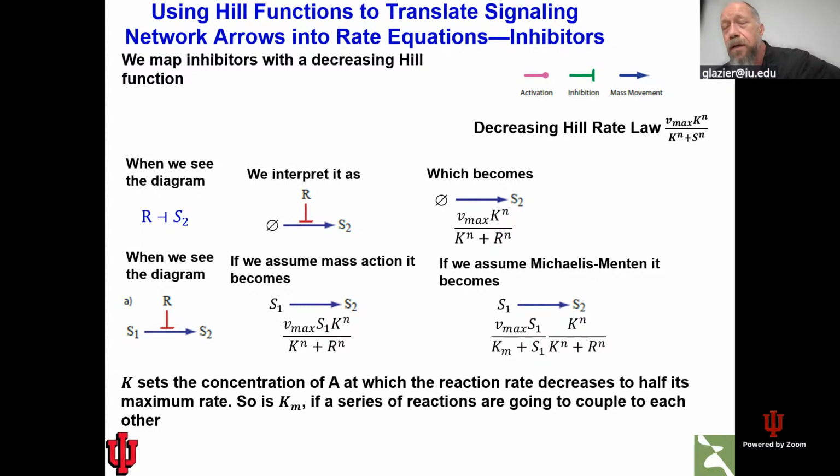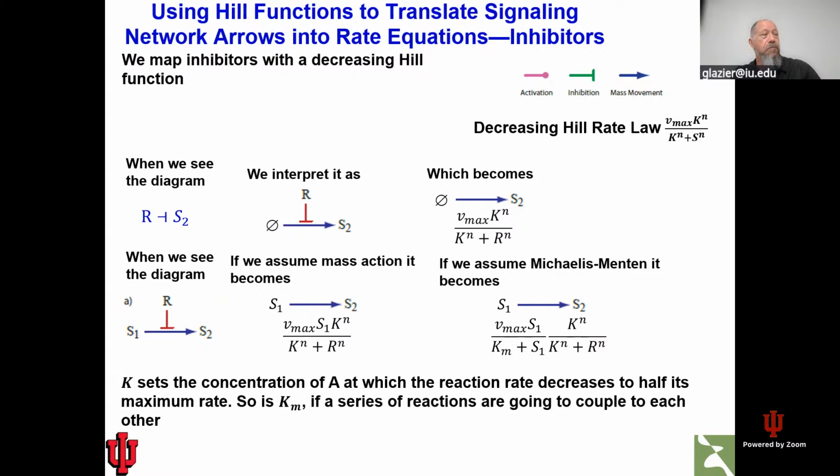Here you break apart the problem into two separate things, and that's what these two columns are about. I have one question: suppose I didn't have any regulation at all. What is the rate at which S2 is produced by S1 in the absence of any regulation? If S1 is assumed to become S2 according to mass action, the rate of production of S2 is proportional to the amount of S1 that I have.